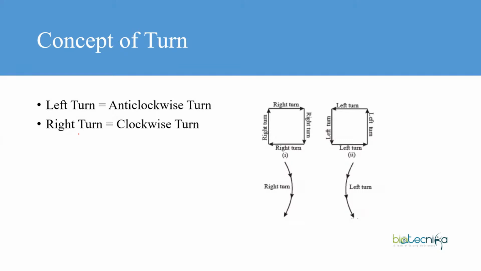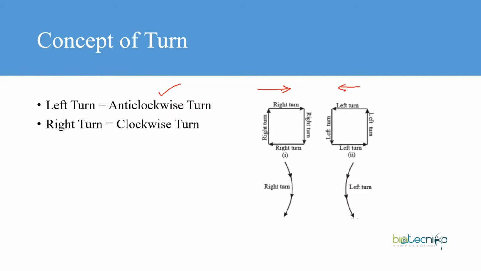So the concept of turn needs to be very clear in your mind when you are solving the distance and direction question. The left turn is an anti-clockwise turn, that means this way. The right turn will be this way, that means a clockwise turn.